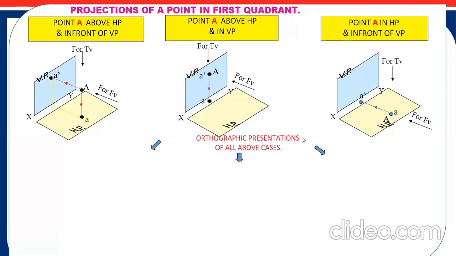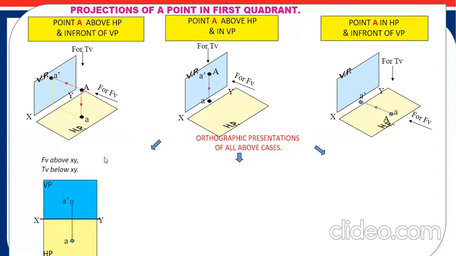Now the orthographic presentation of all of the above cases. In the first case, front view is above XY and top view is below XY, as you can see here. We have to turn the plane, and if I turn the horizontal plane, this A is here, below the XY line.